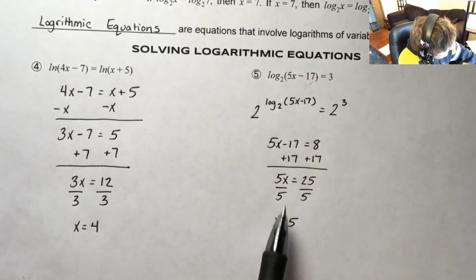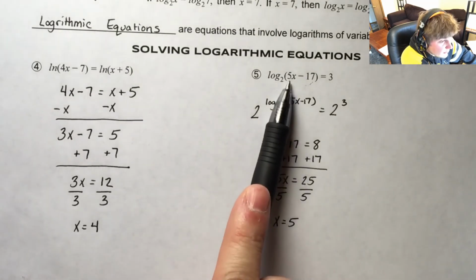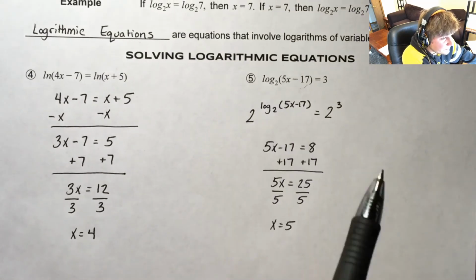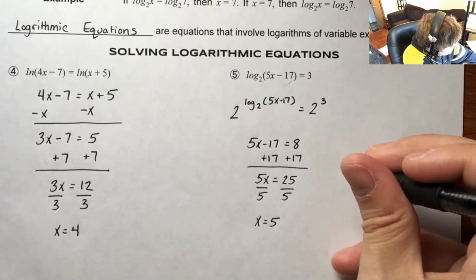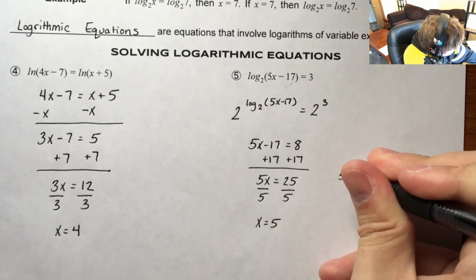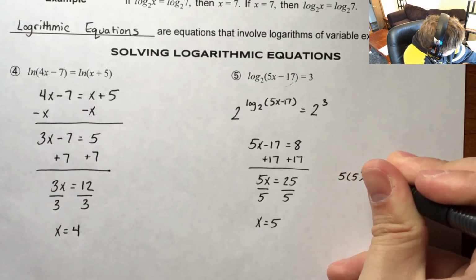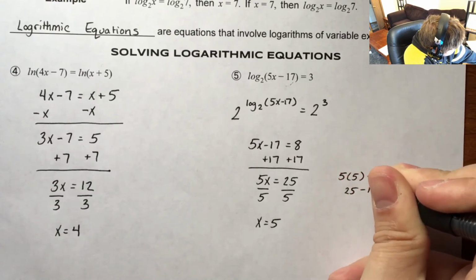Okay, and again, if I wanted to, I can go ahead and check this out. This one would require us to use a change of base formula, which we can do just to check our work if we want to. So 5 times 5 minus 17, that's 25 minus 17, and that's 8.